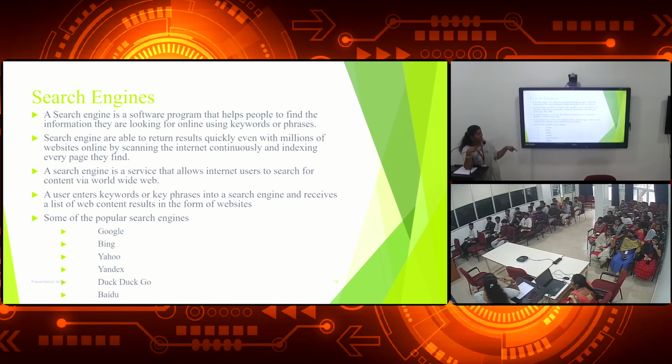You can search these and you will have an idea. Just like Google, Yahoo is similar. Here in India we use Google, Yahoo, Bing, DuckDuckGo, but Baidu is specifically used in China. You can search it on the net and see how the page looks.